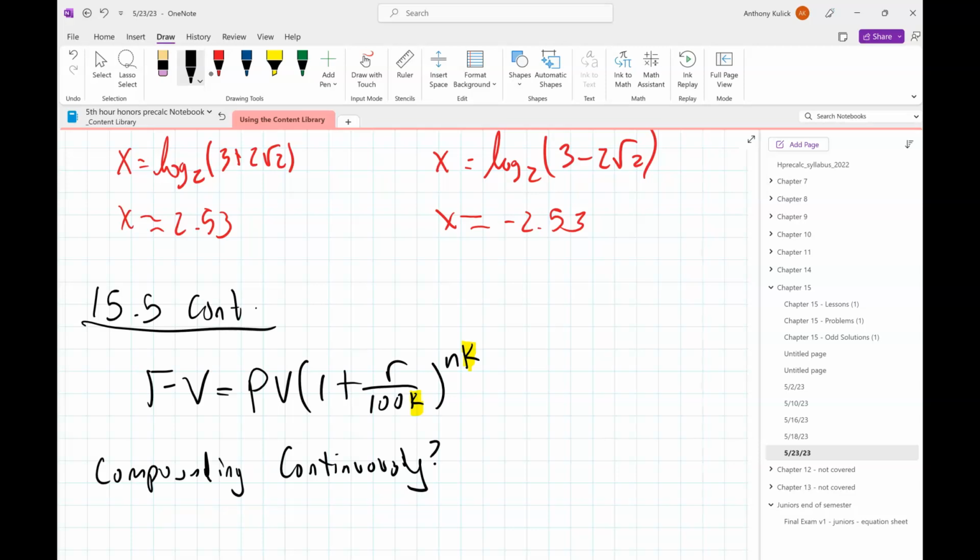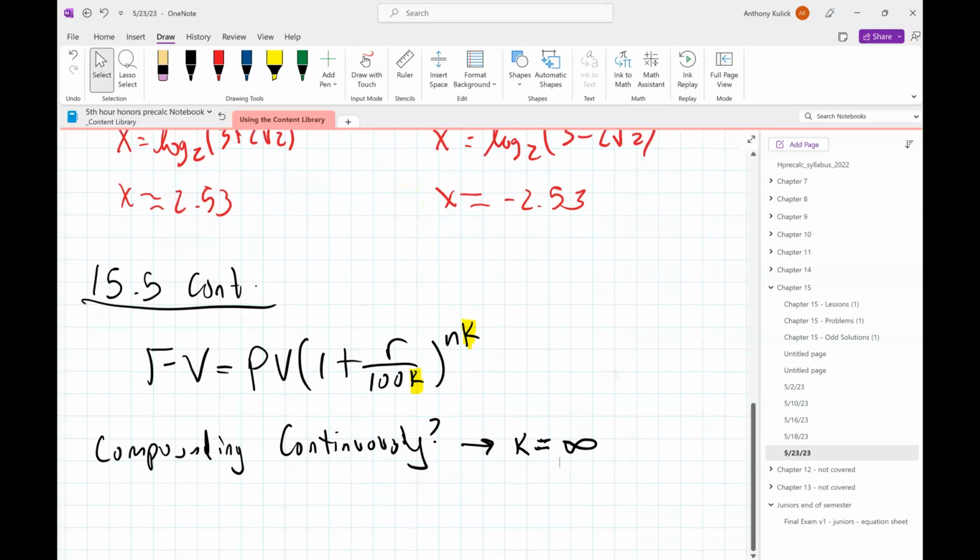What value of K would that imply? What does continuously mean? Yeah, that's right. Infinite. Now, can I plug infinity into this formula and evaluate anything? No, right? So we got to find a better way of doing that.